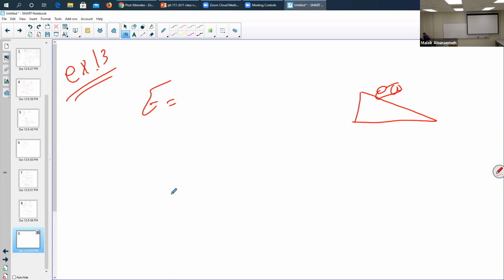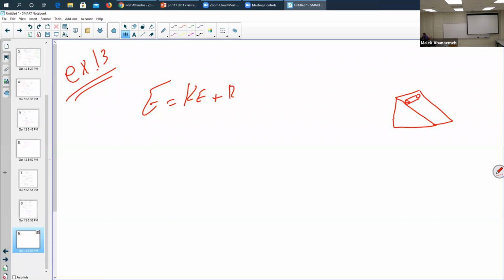Well, let me just redraw this. Here, that's better. That's going down. Now, when that thing is going down, you're going to have 3 different energies. You're going to have a kinetic energy that's moving in, right? You're going to have a rotational energy. And you're going to have gravitational potential energy.